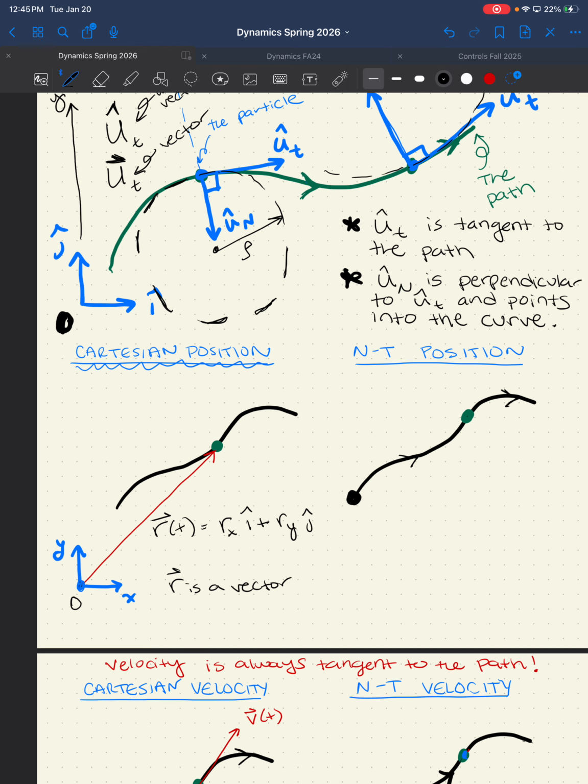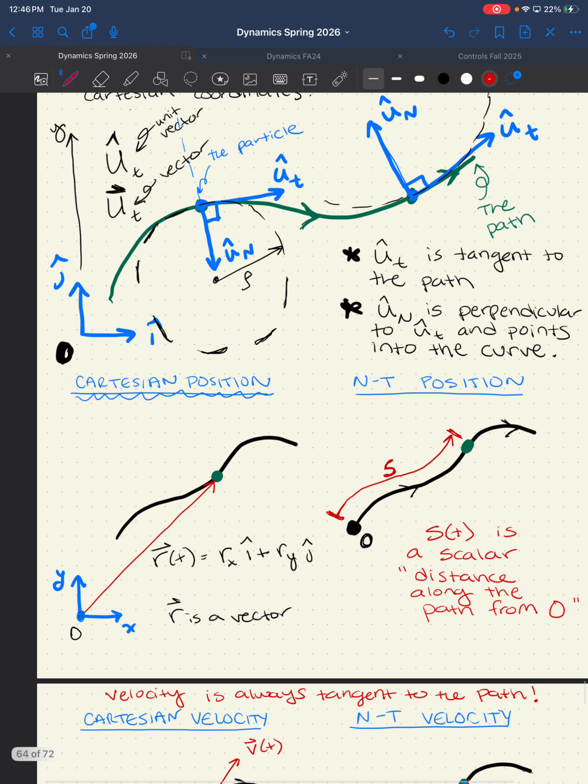So we define the start point of the path, and the position is then s, which is a distance along the path. s of t is a scalar now, and it is the distance along the path from some position O. Pretty big difference.